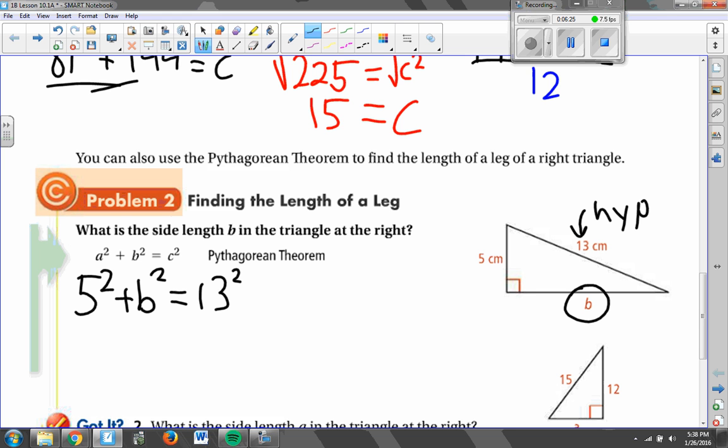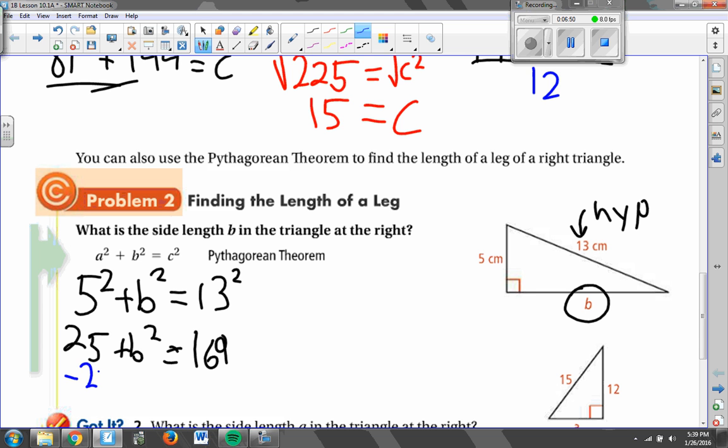I know that 5 squared, 5 times 5 is 25, plus b squared is equal to 13 times 13 is 169. Okay, now I would like to solve for b squared, or for b, so that I can find my missing side length. First, I need to get rid of the 25 that is attached to the b squared.